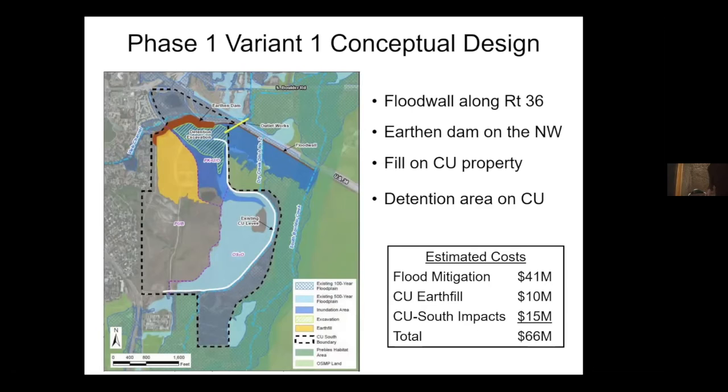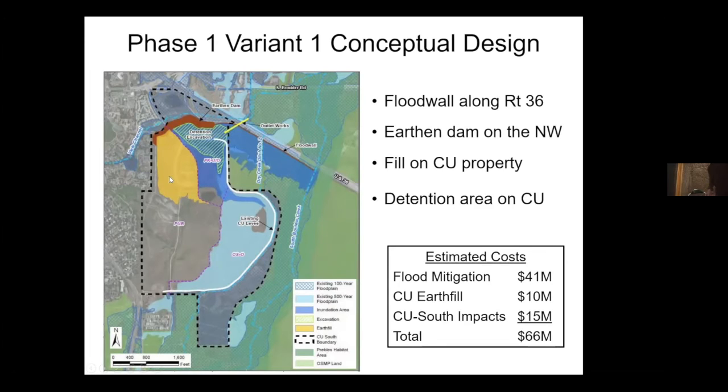Down here on the bottom right of the slide are some example costs. The flood mitigation cost for this variant is $41 million. The earth fill shown in yellow is $15 million. And then because of other incidental impacts, for example, under the fill, if you look closely, you can see some coloration.